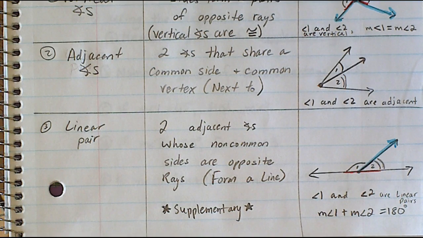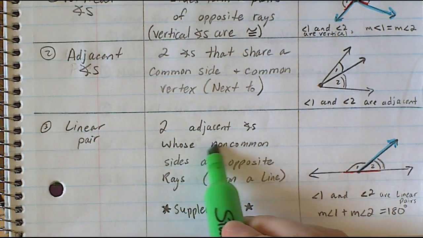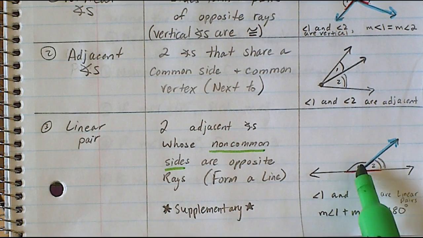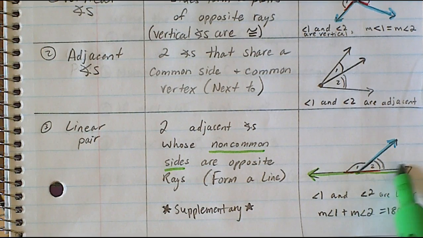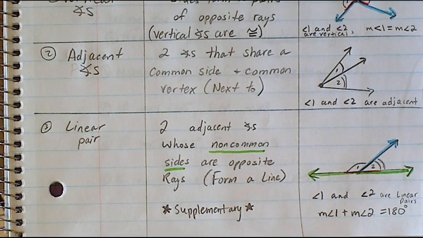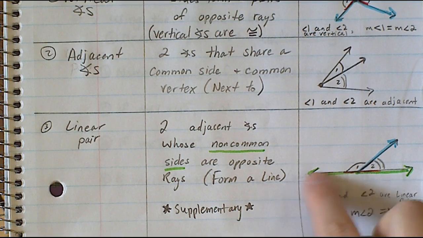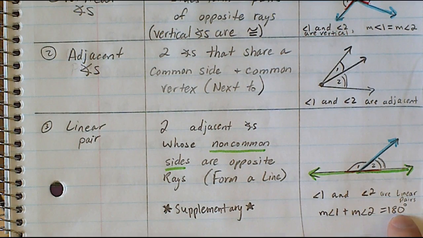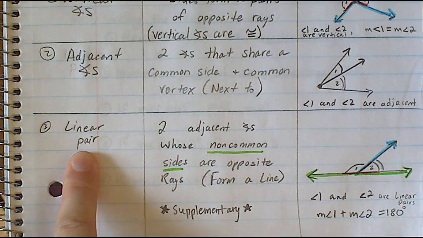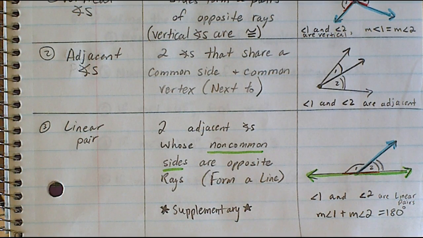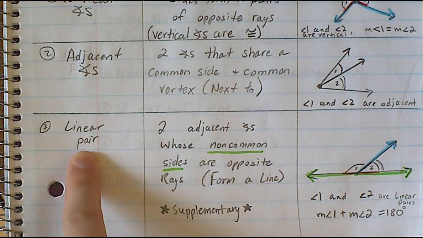And the non-common sides, I'll do this in green, form a pair of opposite rays. So basically it forms a straight line. And we know that any two angles that form a straight line are supplementary. They add up to be 180 degrees. So this is just a new vocabulary word to describe this relationship, because you can have supplementary angles that are not adjacent, but adjacent supplementary angles are always called a linear pair.